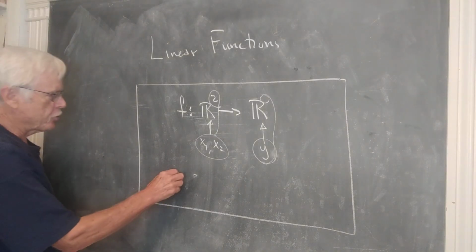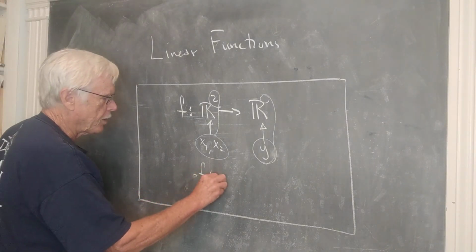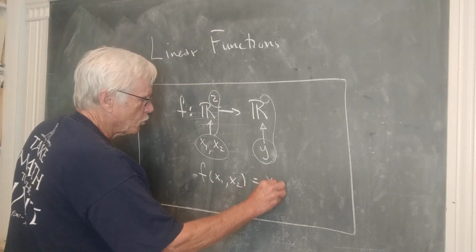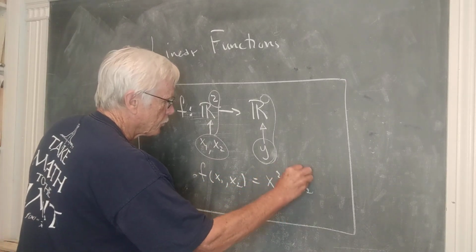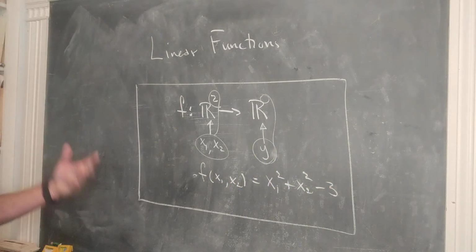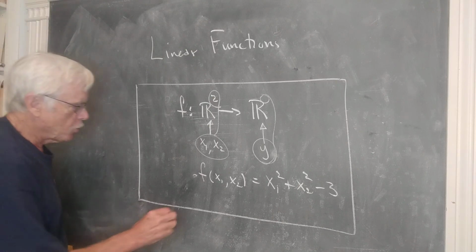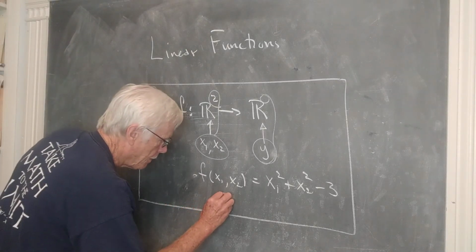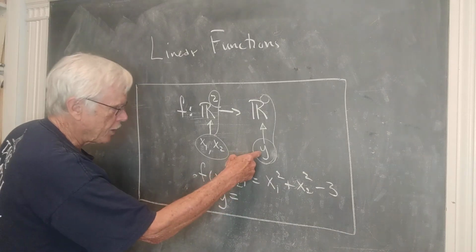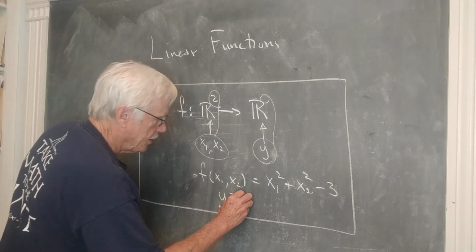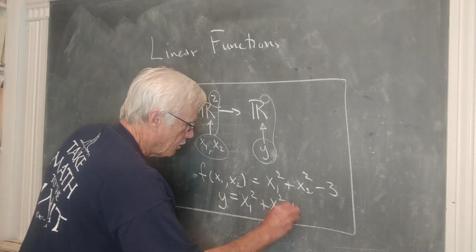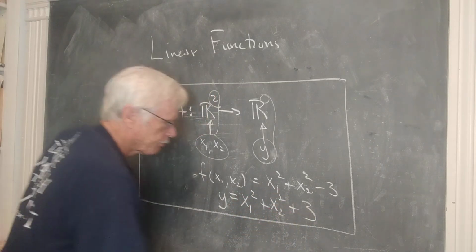and there's some equation involved. So for example, f of x1 and x2 could be x1 squared plus x2 squared minus 3. So this equation is involved, and this equation inherently means the range variable y is equal to x1 squared plus x2 squared plus 3.